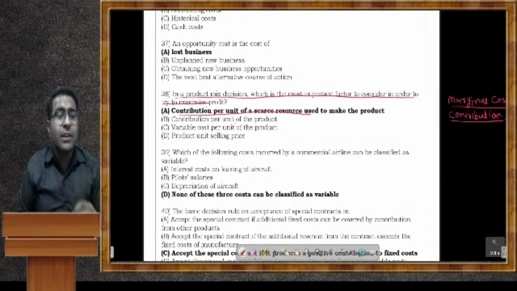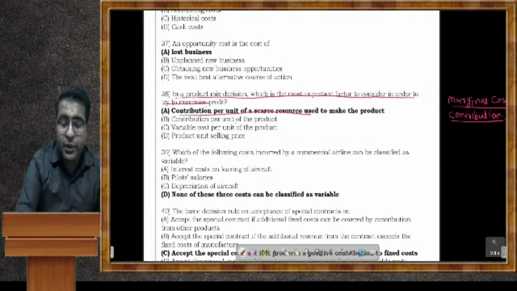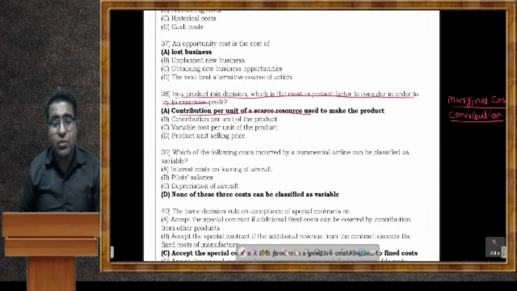It is a concern related to the limited factor. So if we calculate any type of product mix, we have to calculate contribution per unit of a particular resource. Okay. Moving to the next slide, next question.